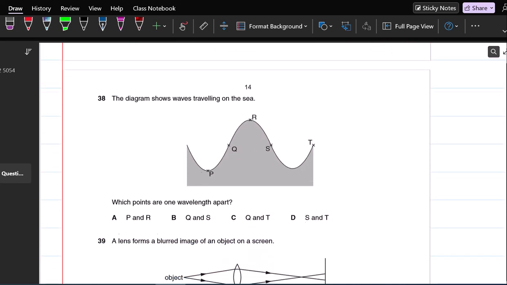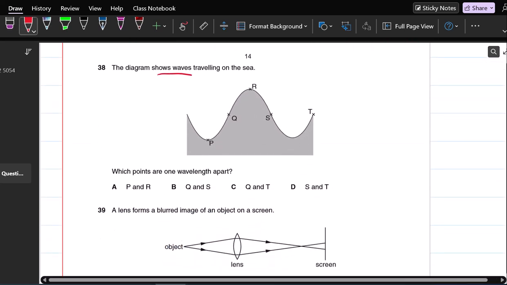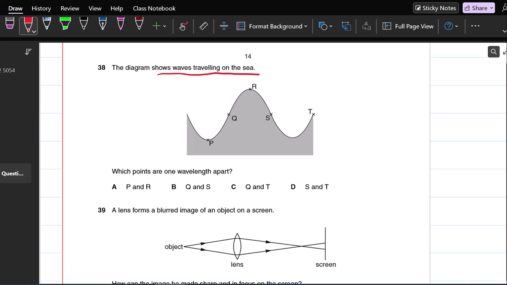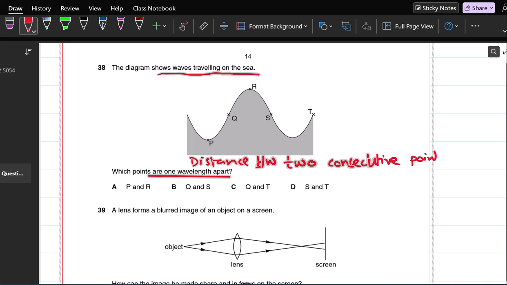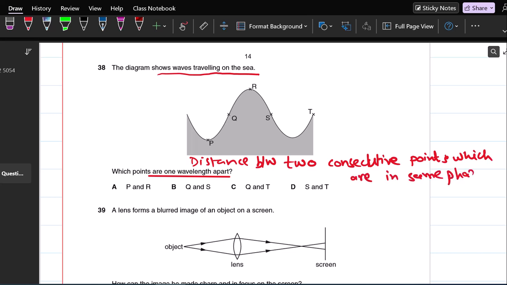Moving to question 38. The diagram shows waves traveling on the sea. Which points are one wavelength apart? One wavelength, you know, is the distance between two consecutive points which are in same phase, or you can say distance between two consecutive crest points.